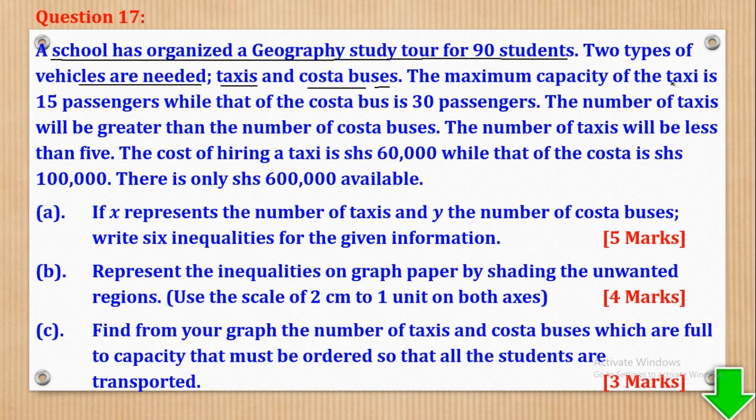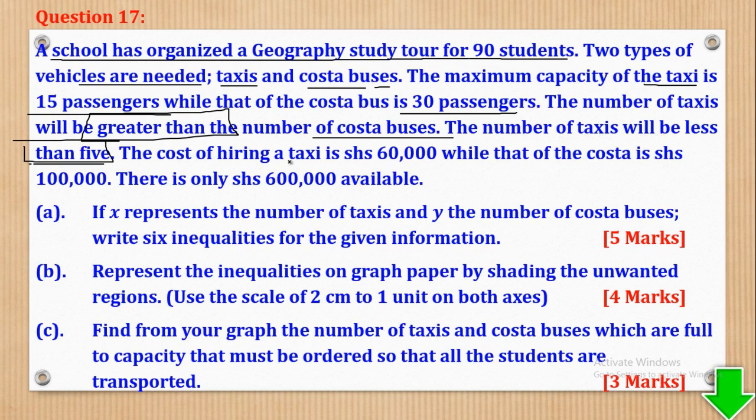The maximum capacity of the taxi is 15 passengers, while that of the coaster bus is 30 passengers. The number of taxis will be greater than the number of coasters. Note that word, the number of taxis will be greater than the number of coasters. The number of taxis will be less than 5. Note that word, less than 5.